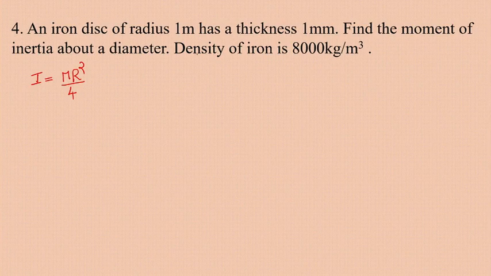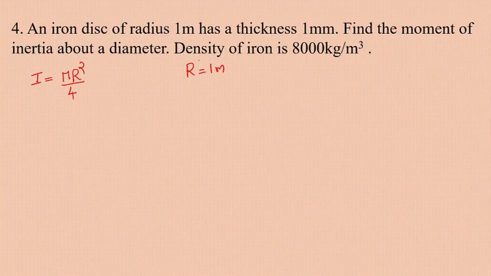We have the radius R equal to 1 meter, and we don't have any value of mass. Instead of mass, we are given the density of iron and the dimensions of the iron disc, the radius and the thickness. From that, we first have to find the value of mass.